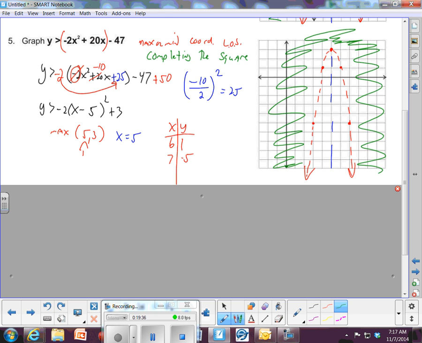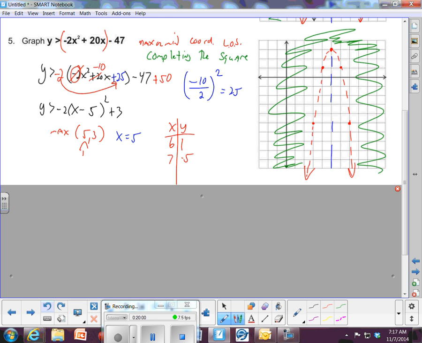Okay. Hey, if it would have been a less than, look back at the original. What if this would have been a less than? It would look exactly the same, and we would be shading in here, right? If it would have been a less than. Wasn't? It was a greater than, and therefore we shaded above the line, which then was everything outside.